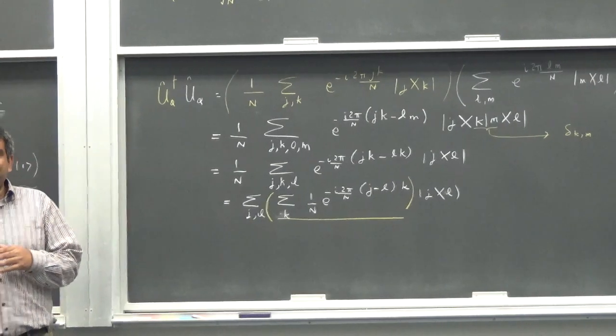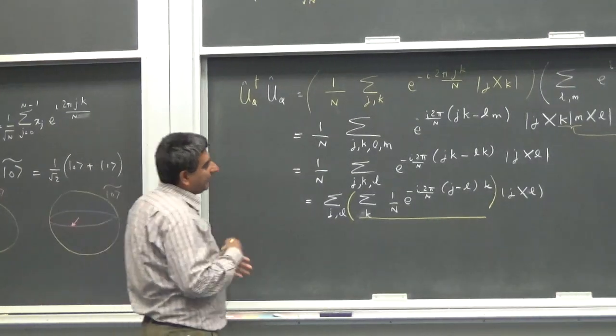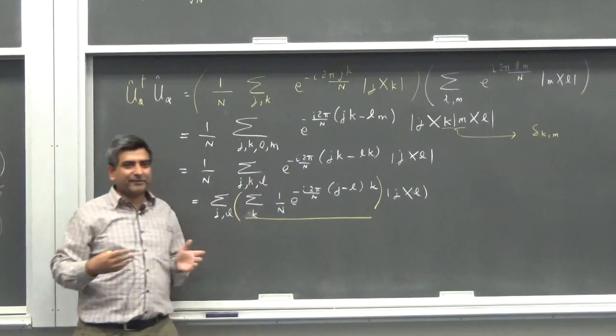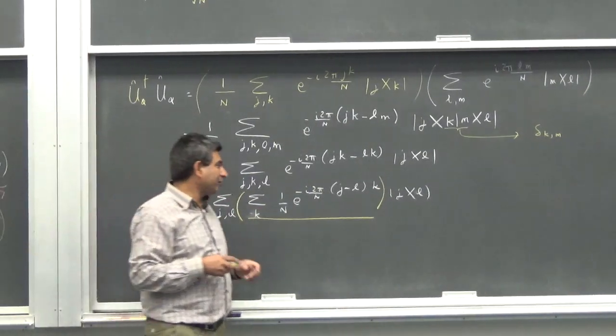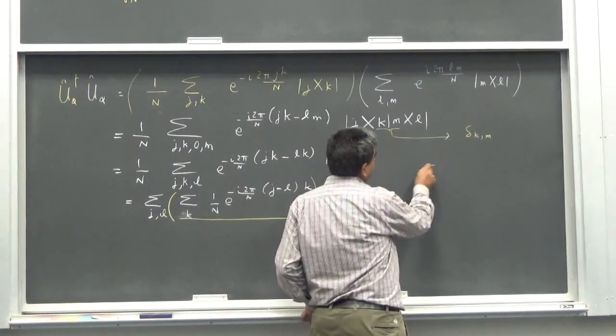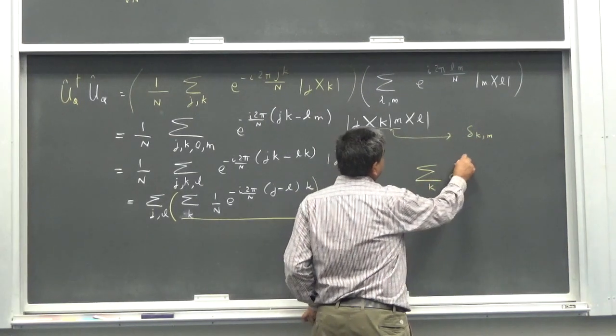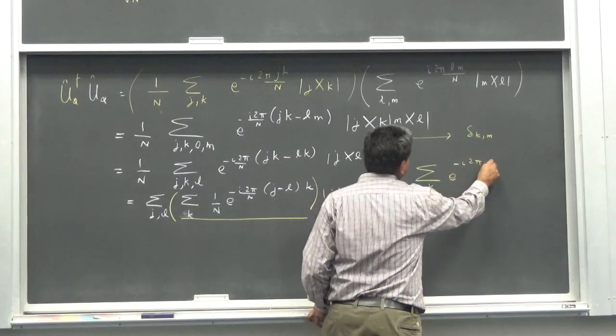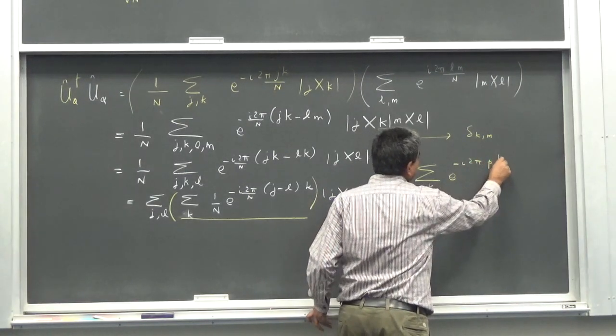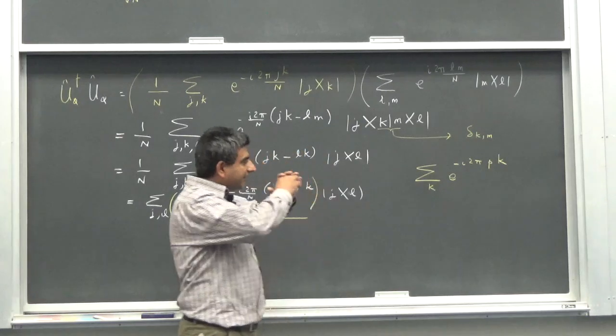And there's an identity that is really common when you talk about complex numbers. The identity goes as the following. Sum over k of e to the minus i 2 pi some integer p k over n.